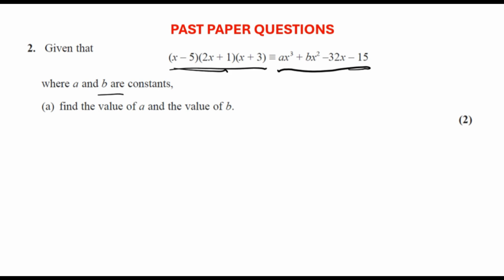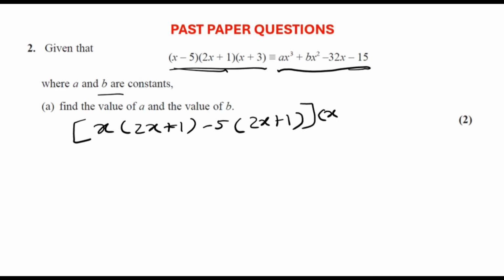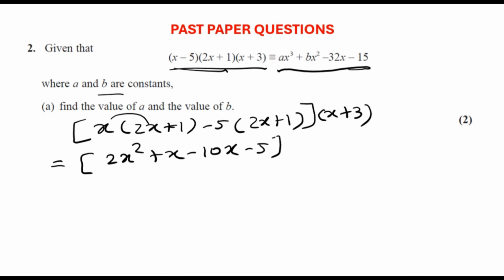First simplify the first 2 brackets. So put a big bracket, x into 2x plus 1 minus 5 into 2x plus 1. Complete bracket, x plus 3. When you multiply, it will give you 2x squared plus x minus 10x minus 5, x plus 3.